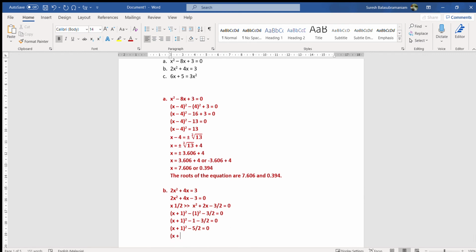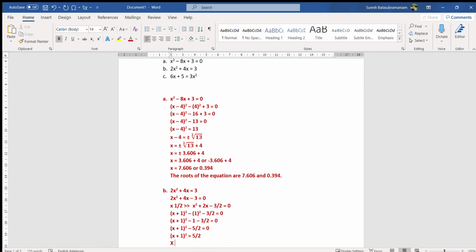(x plus 1) square equals 5 over 2. Okay, bring the square to the right, so you get square root.